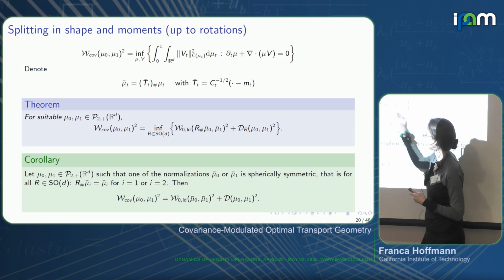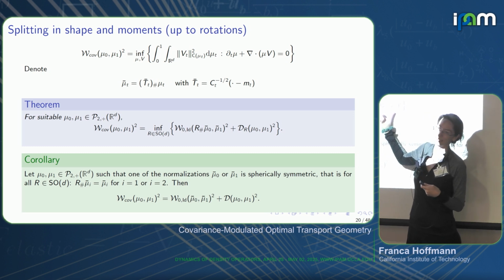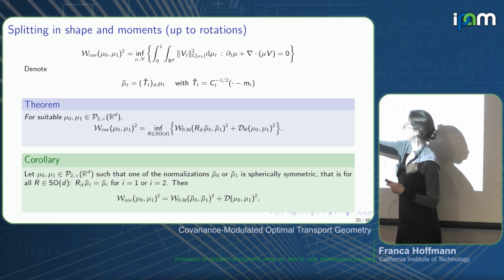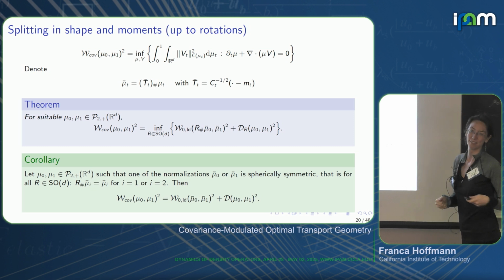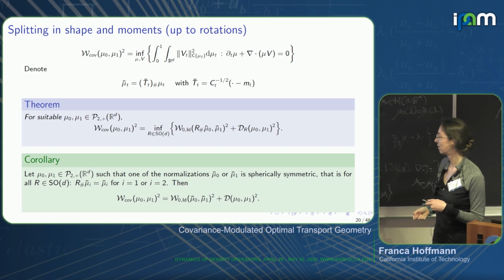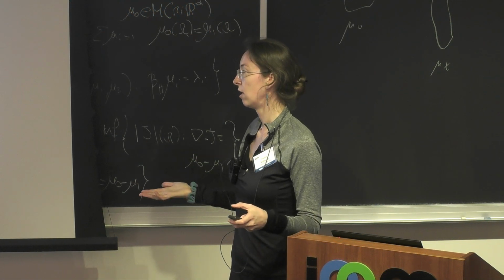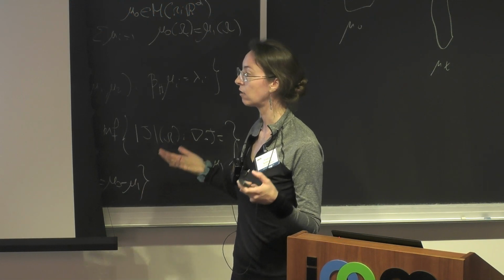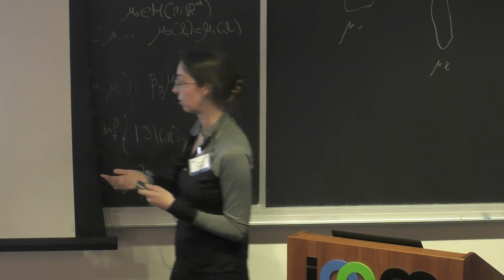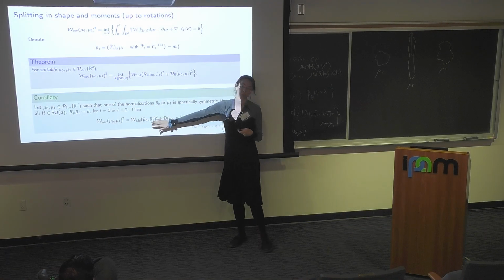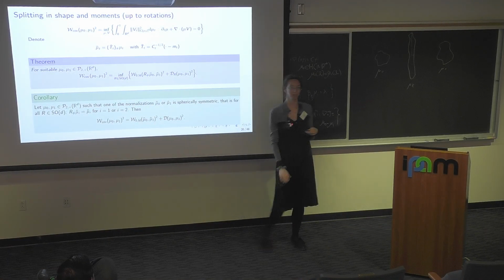And so this is exactly the statement that we had before, just that now you know what the moment part is and you know what the constraint part is. So here you get the shapes and the moments. And then if one of your source or target measures is actually spherically symmetric after normalization, then you don't have up to rotations. You get a full splitting.